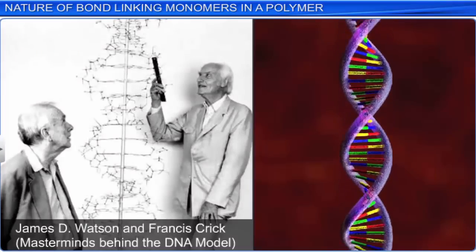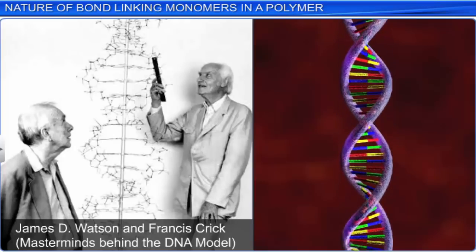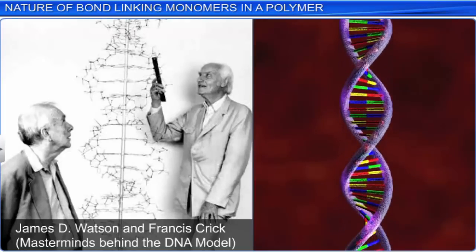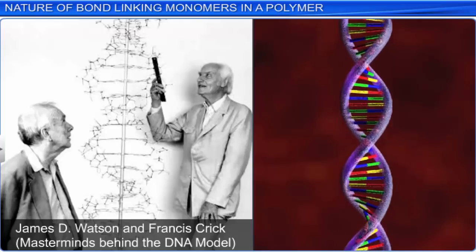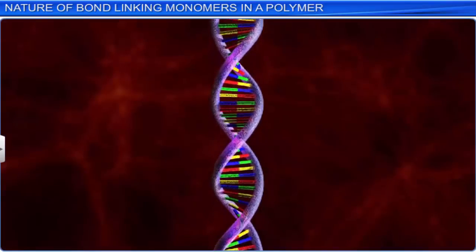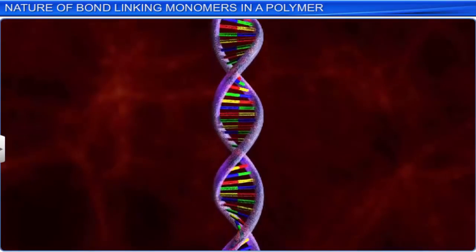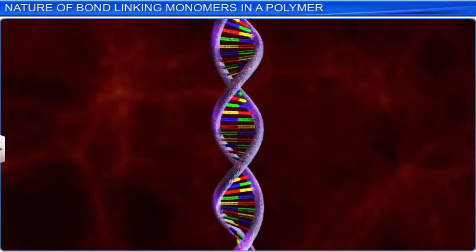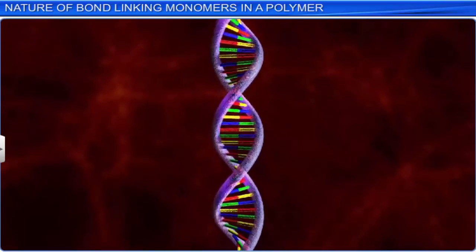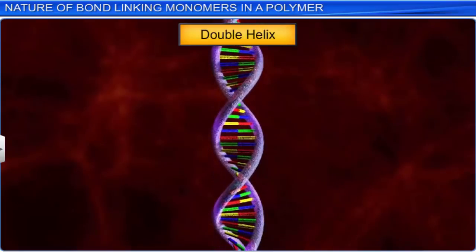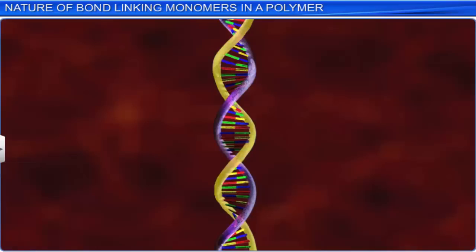According to the famous Watson-Crick model, the B form of DNA is the native conformation of DNA in solution. The B form of DNA is a metabolically stable configuration. Some of the features of B DNA are that it exists as a double helix. Two strands of polynucleotides run in opposite directions.